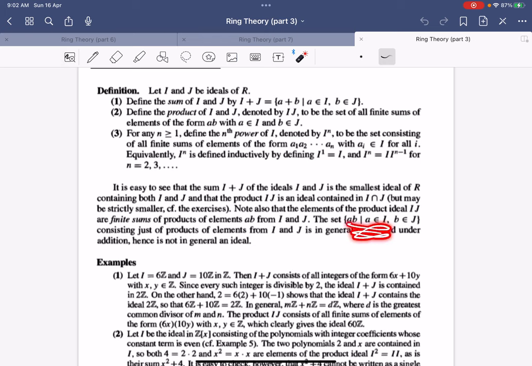And so the set of products ab is not closed under addition. So in general, it's not an ideal. So you really need it to be the set of finite sums.